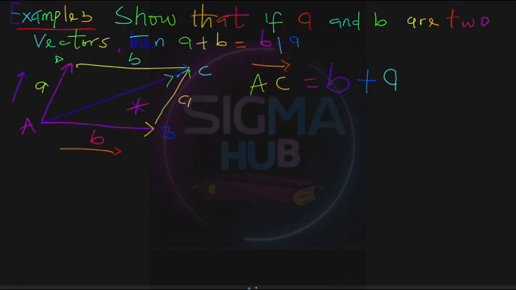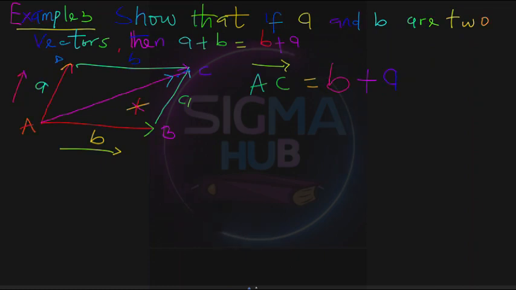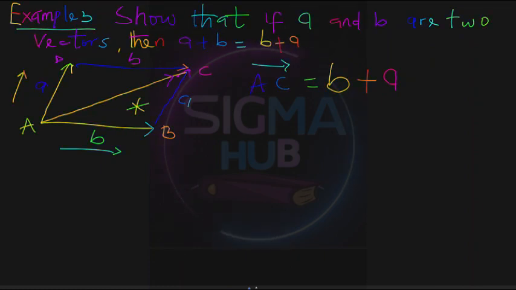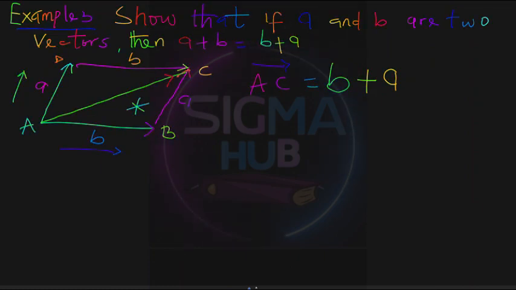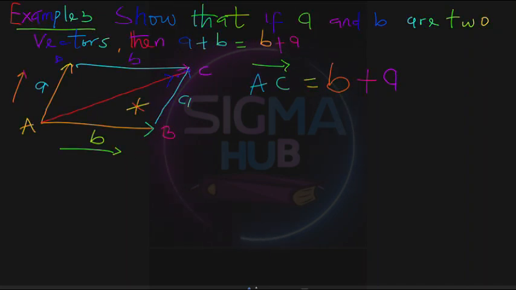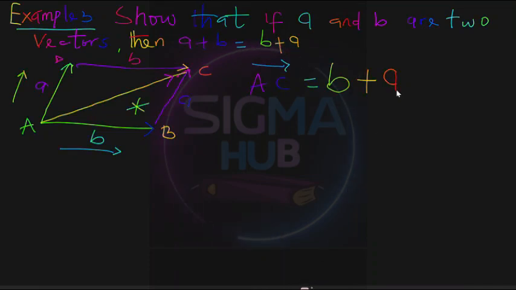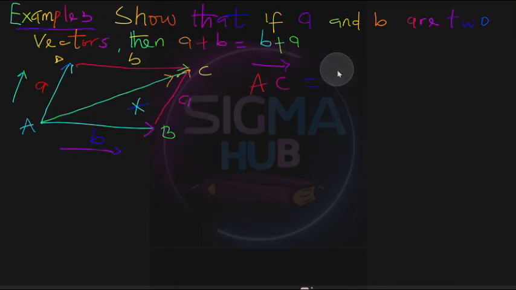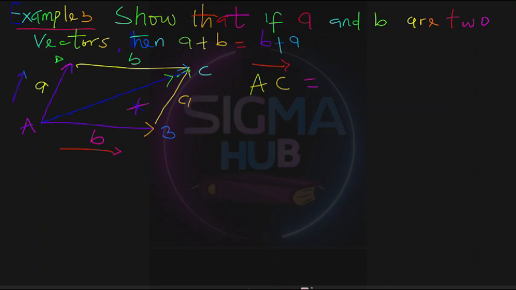Using this first triangle, A to C is the same thing as moving from A to B, then from B to C. Let me write it like that first, so that we have something clearer.